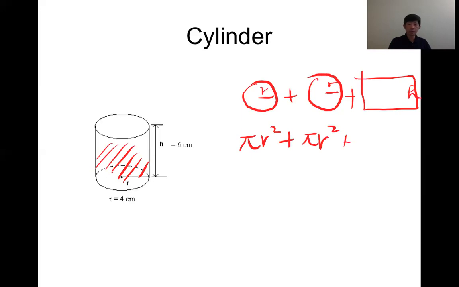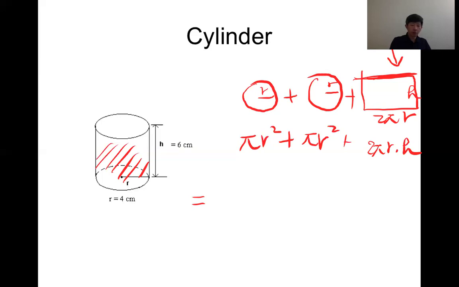And then what about this? This will be the circumference, which is 2 pi r, right? So we have 2 pi r times h, okay?